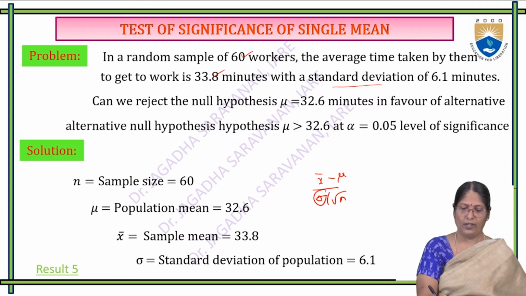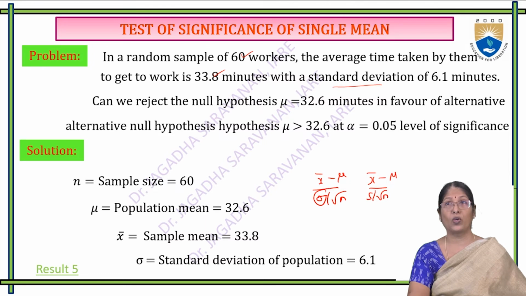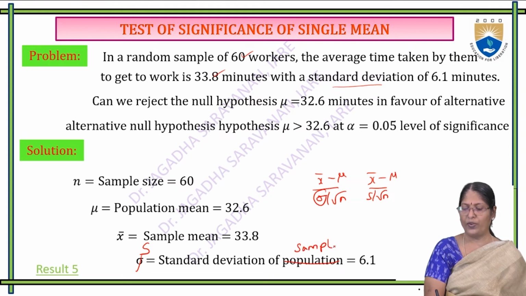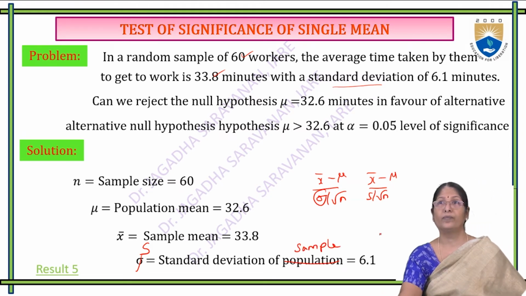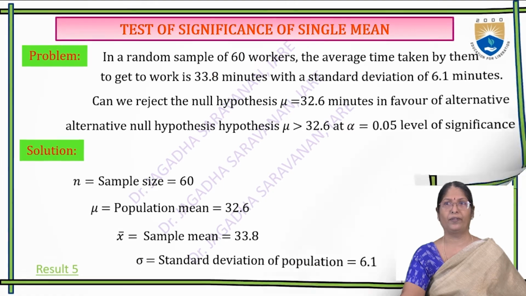Otherwise, sigma can be replaced by the sample standard deviation. The test statistic can also be written with S by root n. Nothing wrong in it. Here we can change it to S, the standard deviation of the sample. Concept understanding can play a role mathematically.